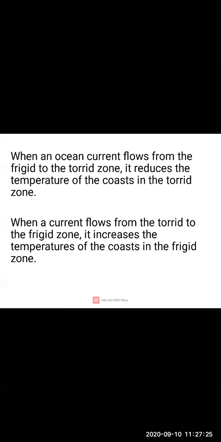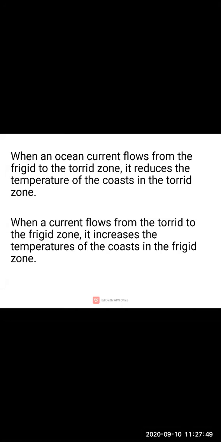Now moving ahead, when an ocean current flows from the frigid to the torrid zone. We studied that from the equator, the ocean currents move towards the polar regions, from the torrid zone towards the frigid zones, and again from the polar regions towards the equator, from the frigid towards the torrid zones. So when an ocean current flows from the frigid to the torrid zone, it reduces the temperature of the coast in the torrid zone.